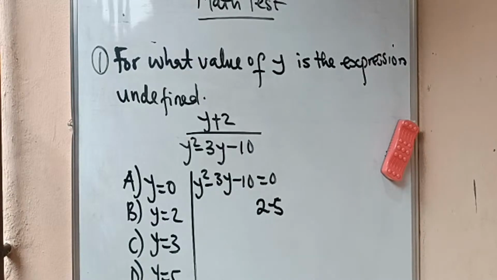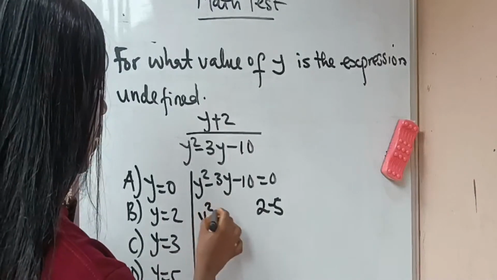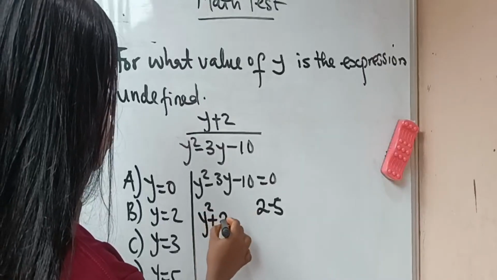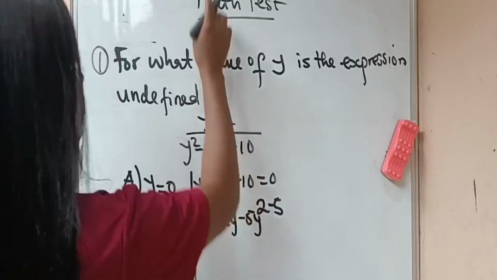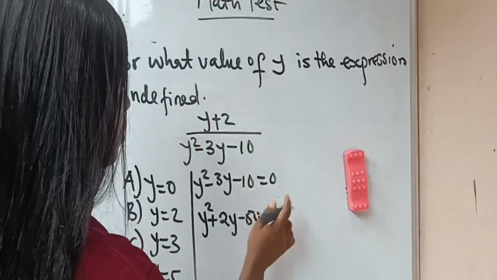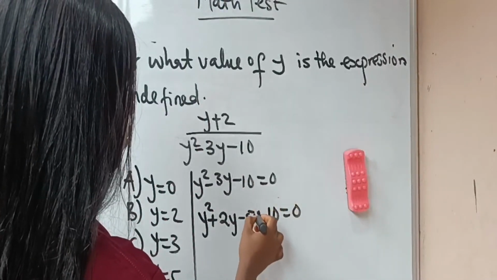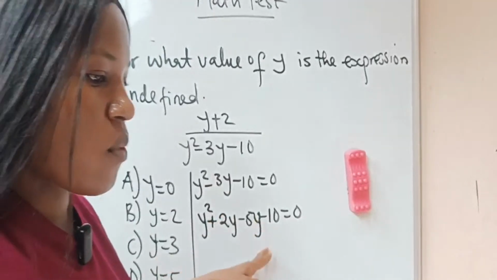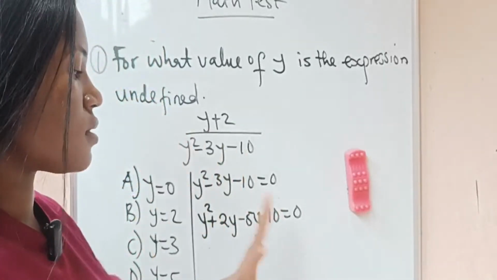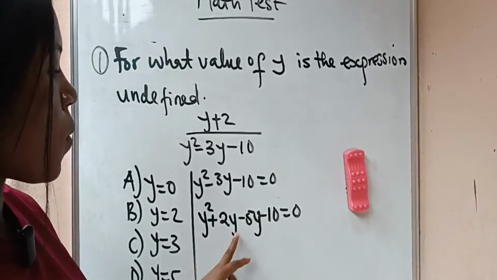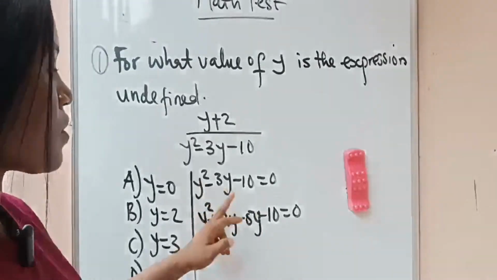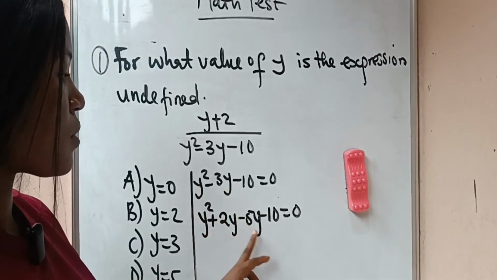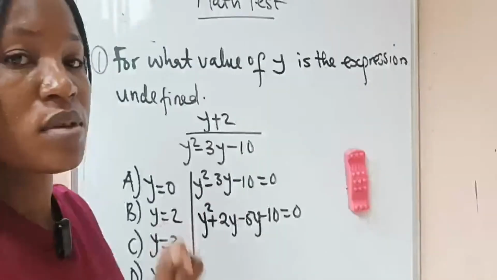So when we do that, we will have y squared plus 2y minus 5y, then minus 10 is equal to 0. Because plus 2y minus 5y will give us minus 3y, and plus 2 times minus 5 will give us minus 10.